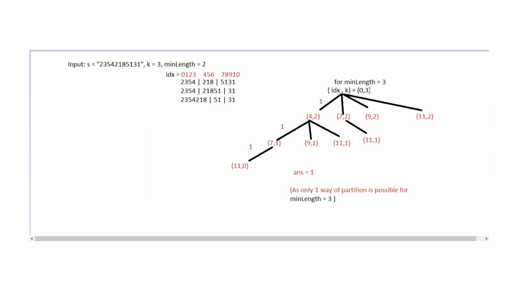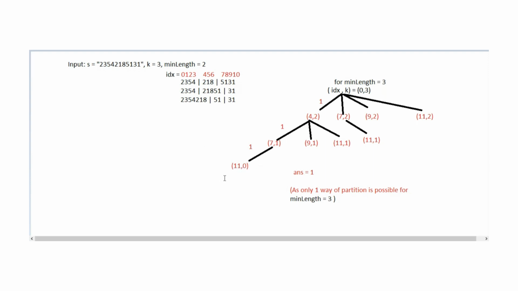And we can see that from 3 we come to 2, from 2 to 1, meaning we are decrementing our k value, and we are checking from the starting index that we get for that particular substring how many partitions are possible from that. So after 7 comma 1, the 11 comma 0 function call will be there, as our string reaches the end and our k becomes 0.